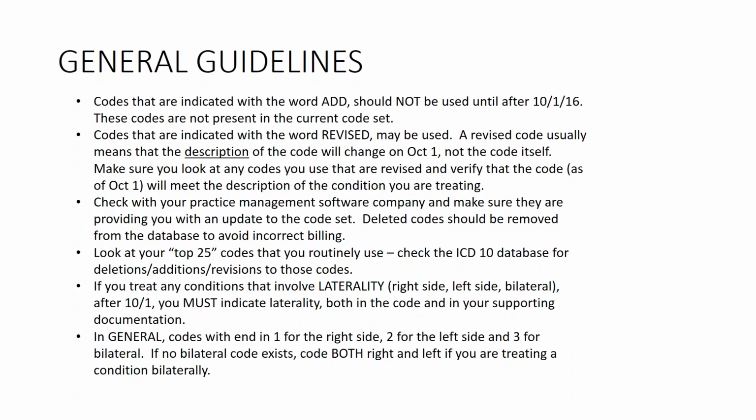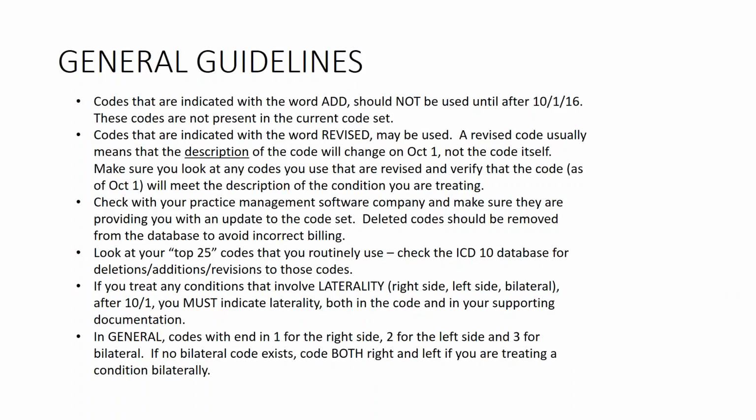If you treat any conditions that involve laterality, right side, left side, and bilateral, after 10/1, you must indicate laterality both in the code and in your supporting documentation. In general, any codes that end in the number 1 are going to represent the right side of the body. Number 2 will be the left side of the body, and number 3 would be bilateral.